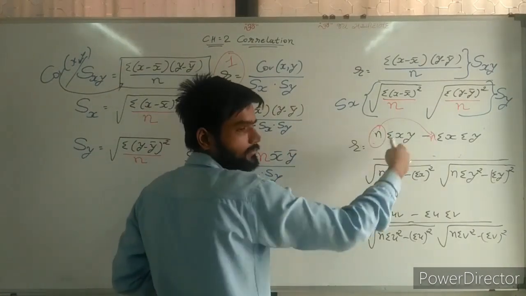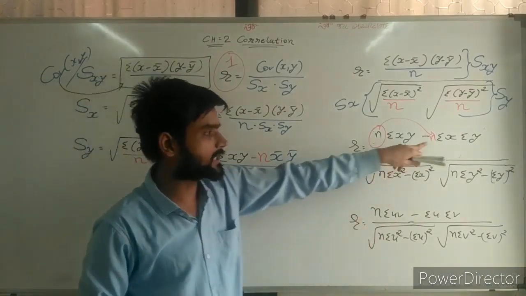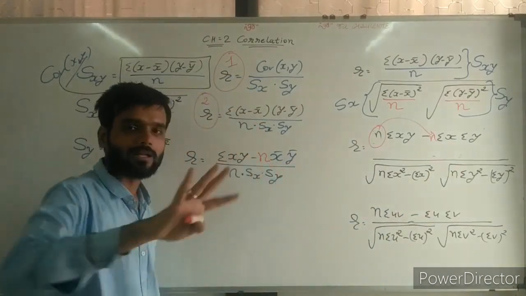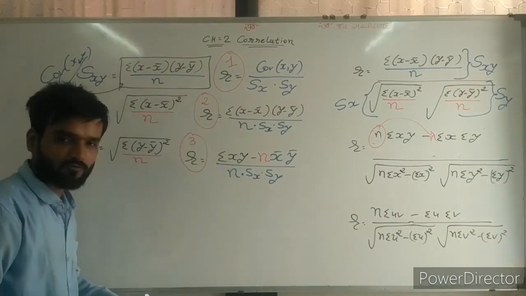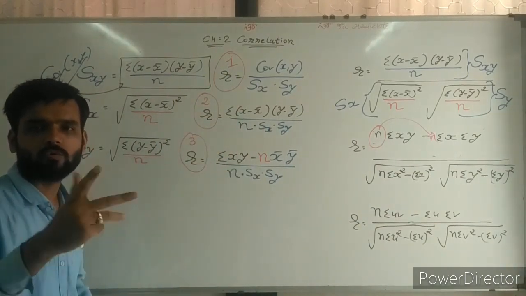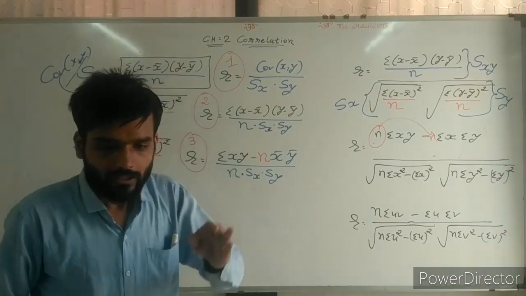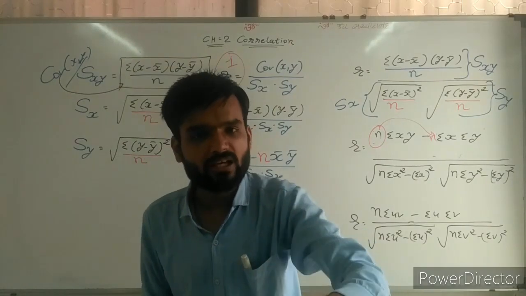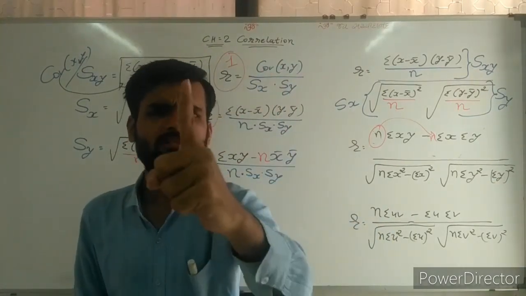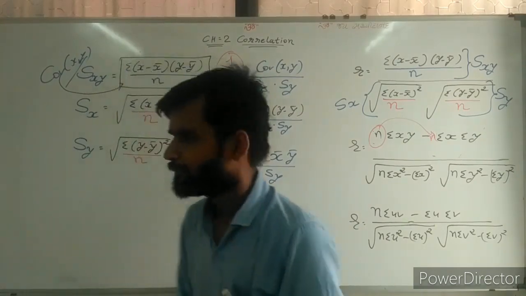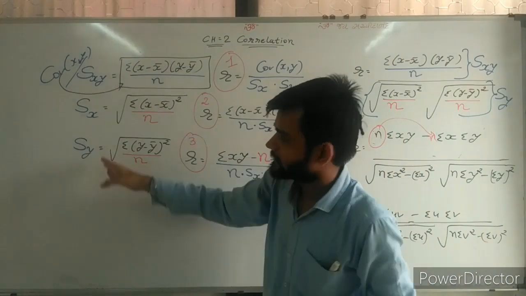Take n, put it back, sigma xy minus n, and instead of sigma x, sigma y, write x bar, y bar. That's it. This is my third formula. So don't worry about it. Whatever sums are remaining in this chapter, you can do all of them on this basis. Or you can use this also.